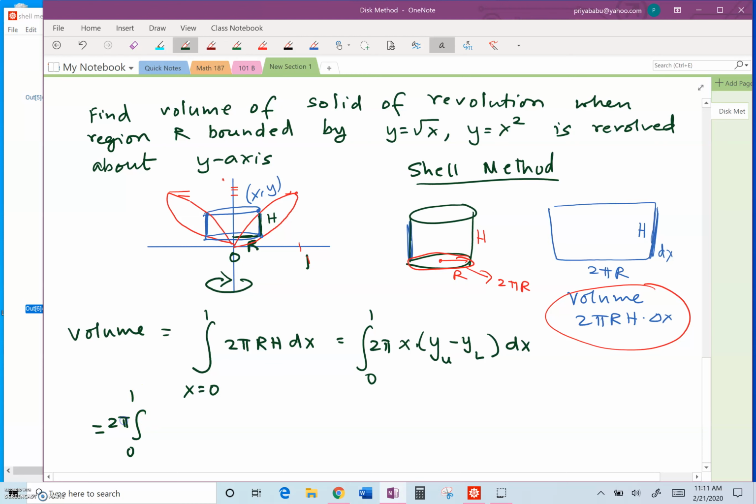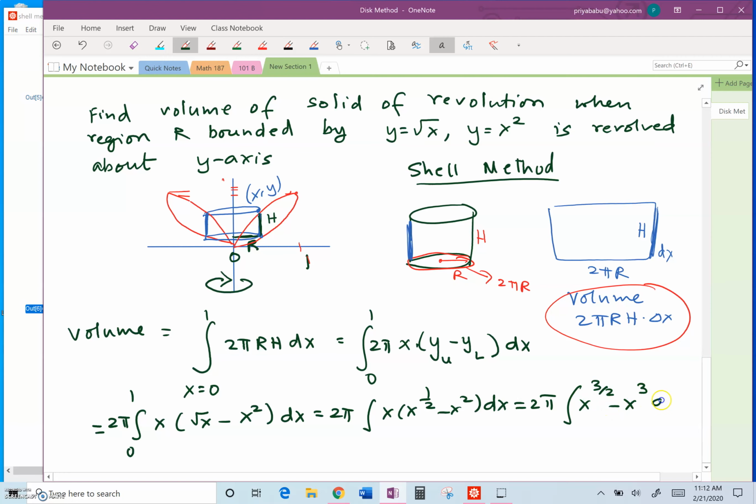I will pull the 2 pi outside. x times the upper curve, which is the square root function, minus the lower curve, which is the x squared function, dx. Now it's ready for integration. So x times x to the power half minus x squared, dx, gives 2 pi times the integral of x to the power 3 by 2 minus x cubed, dx, from 0 to 1.